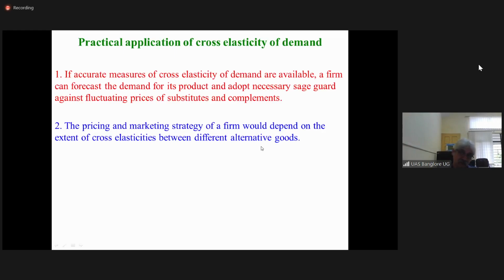Petrol, car. The car manufacturers, petrol sellers will have to adjust their pricing and marketing, especially the car manufacturers. Petrol sellers depend on the international market prices, but car manufacturers, if they know about the cross elasticity of demand for petrol, can adjust their pricing and marketing strategy.